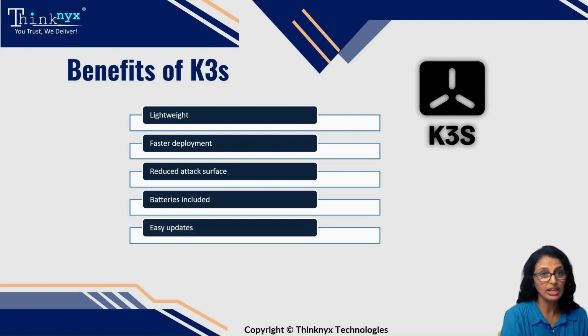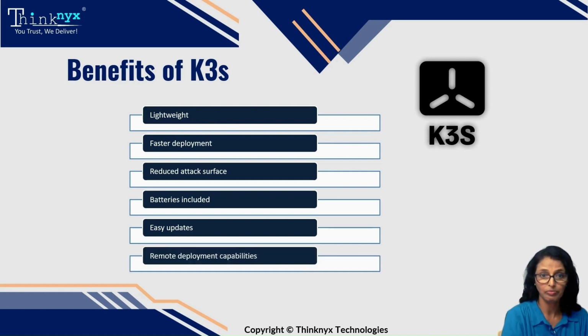Easy updates. K3s benefits from reduced dependencies, making it easy to update the distribution with minimal disruption. Upgrading K3s involves replacing the binary and restarting the process, allowing for seamless updates without major downtime. K3s supports remote deployment scenarios and can be bootstrapped with manifests to install additional components after the cluster comes online.